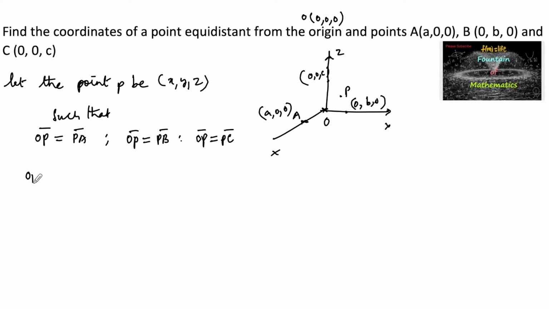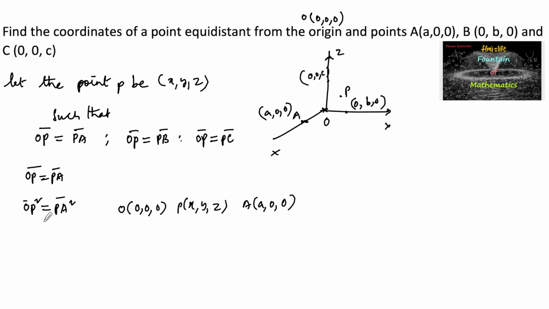So let us use OP is equal to PA, or OP square is equal to PA square, by using the distance formula between the origin O(0, 0, 0) and point P(x, y, z) and point A(a, 0, 0).